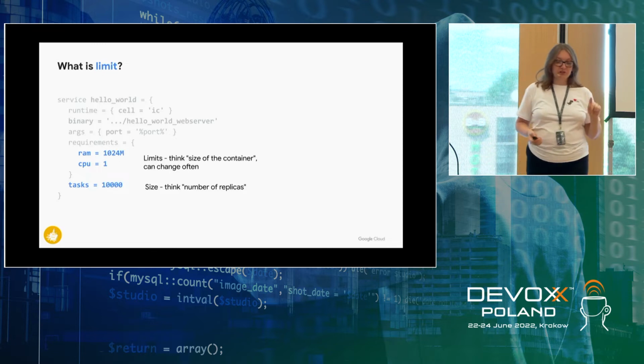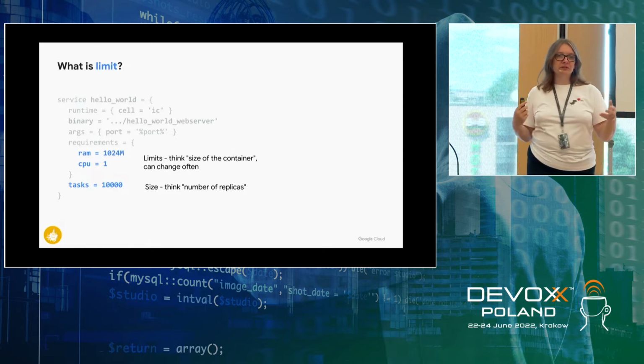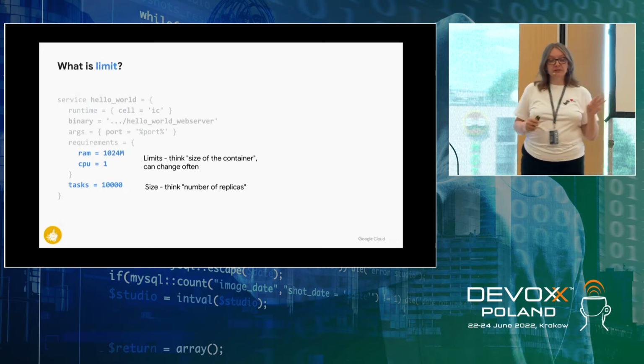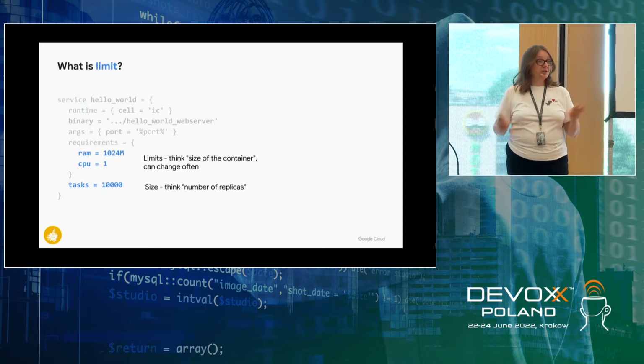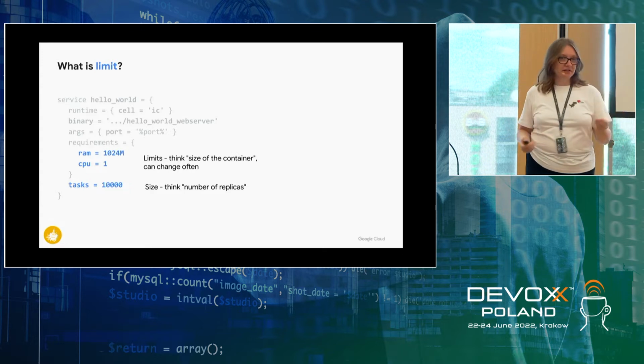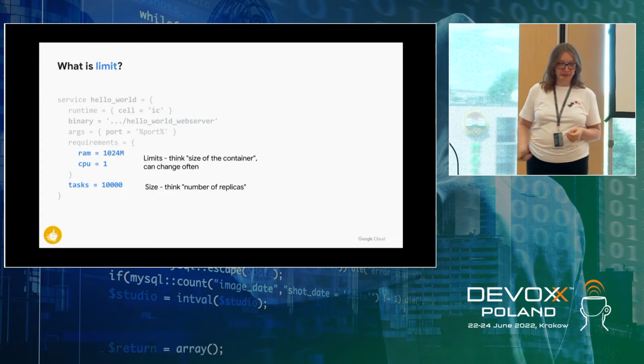I will mention already that those limits can change often, automatically, but they also can change without restarting the task. So they can change in flight.